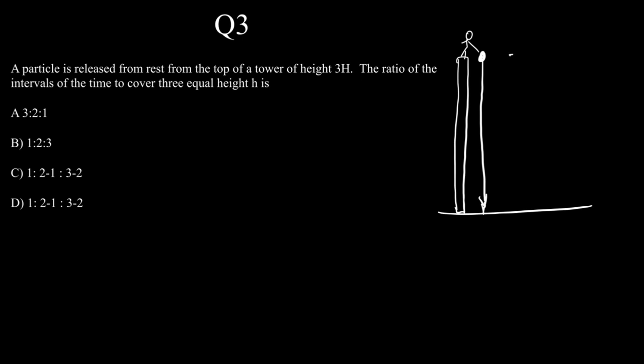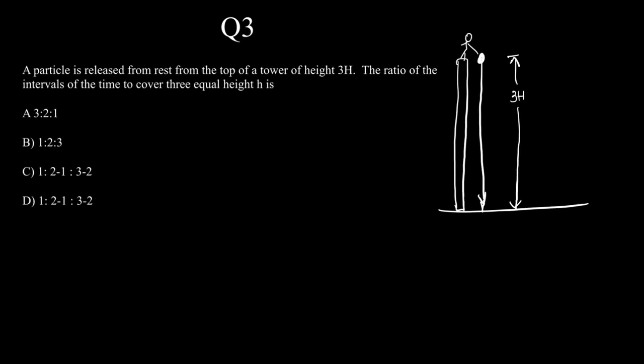So the height of the tower is 3h. Height of the tower is 3h. The ratio of the intervals of the time to cover 3 equal height h. Okay, so I think I should draw this here.